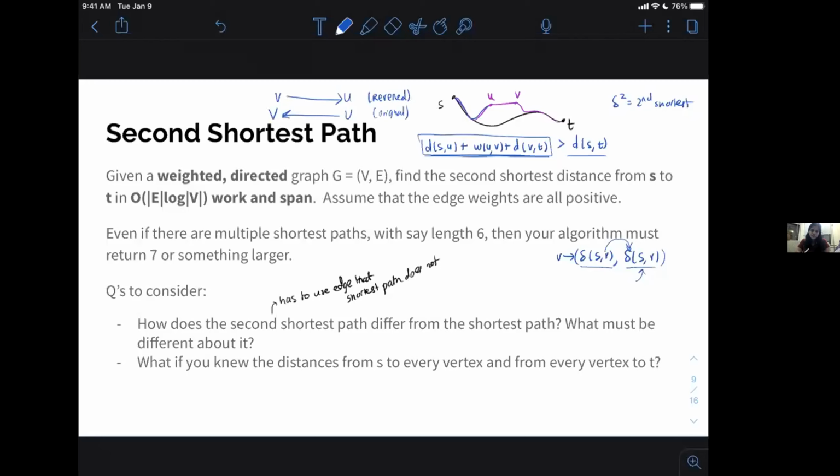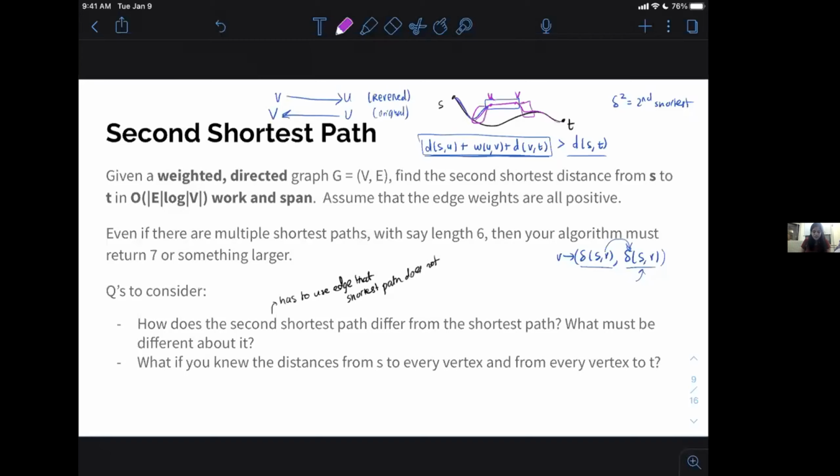Yeah. So Owen, I think I didn't explain that really well, but the point is that the second shortest path has to differ in at least one edge. It could differ in more than one. Let's say that this is the edge UV that it differs in. You could also have divergence here, right? There are multiple places where it diverges from the shortest path, but your distances will find that divergence.